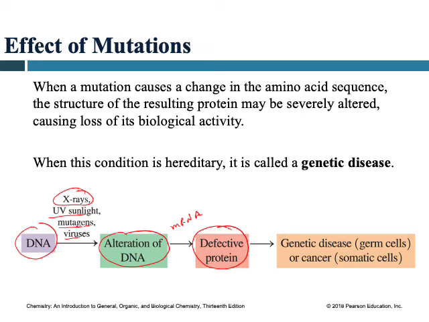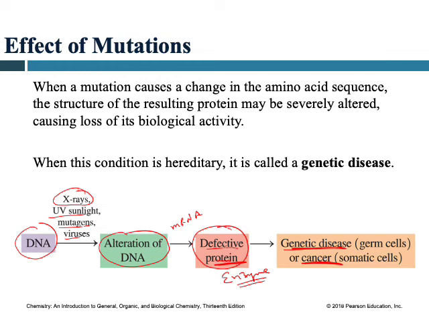If you are producing a defective protein because of the mutation, that protein is not able to carry out the function of the required protein, and because of this you might have some genetic disease or cancer, because you don't have the right protein or right enzymes, because proteins act as enzymes to carry out important reactions that are helpful to remove any disease.